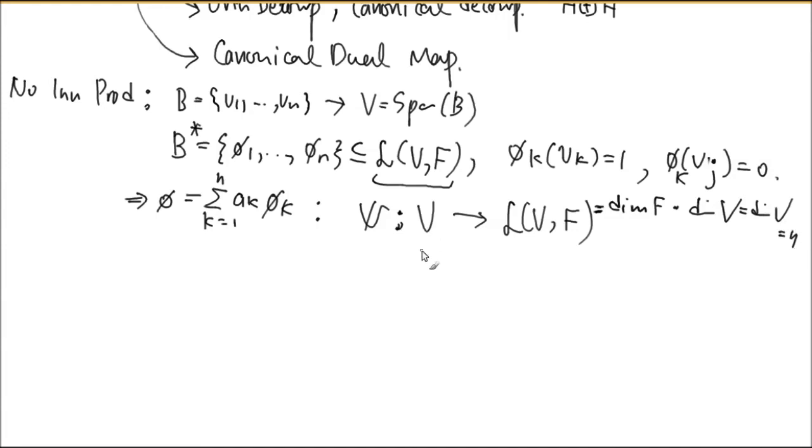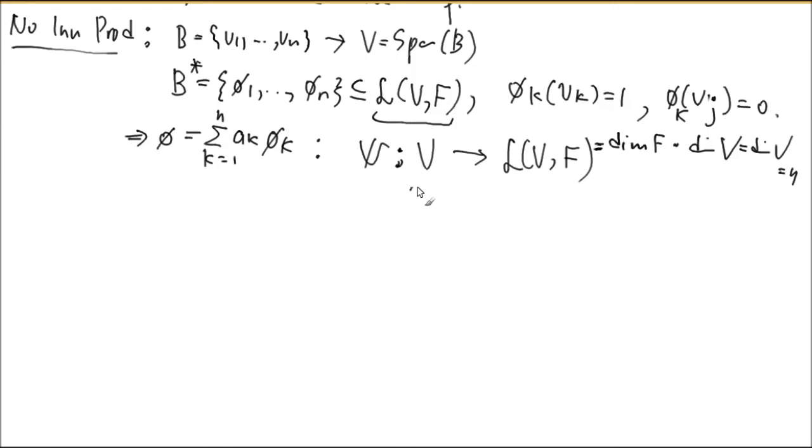So if you're looking at an n-dimensional space to an n-dimensional space, there's always an isomorphism. What a dull statement, right? You choose a basis and send basis to basis, and that's an isomorphism. So without an inner product, a map between vector spaces is not that interesting. Here, I define the map by sending Vk to phi k.